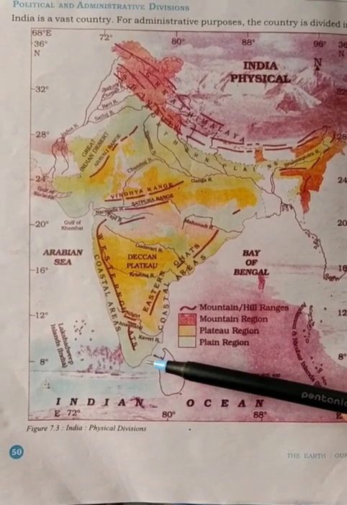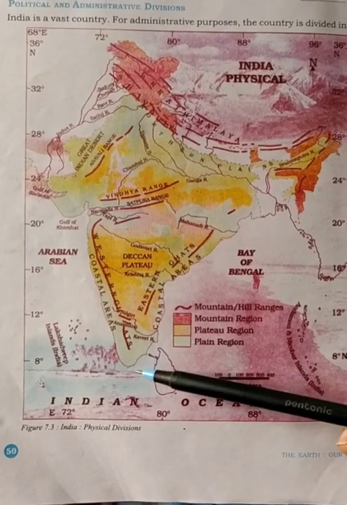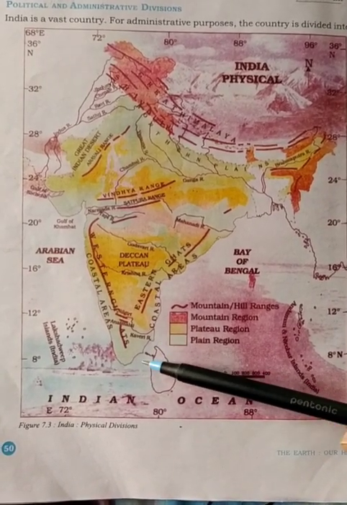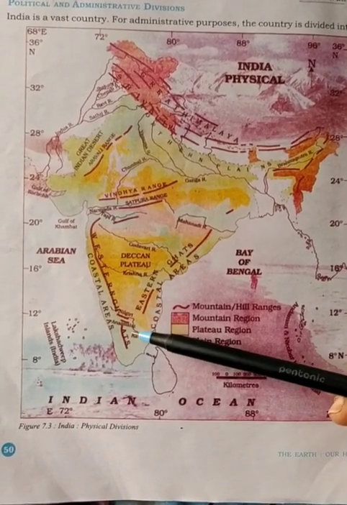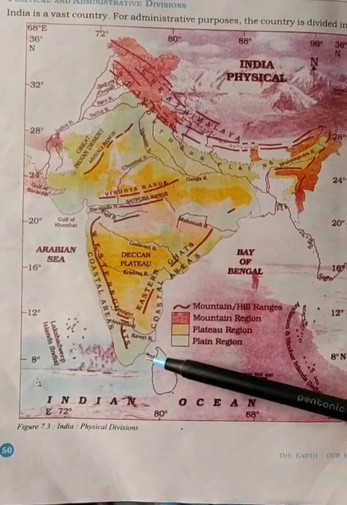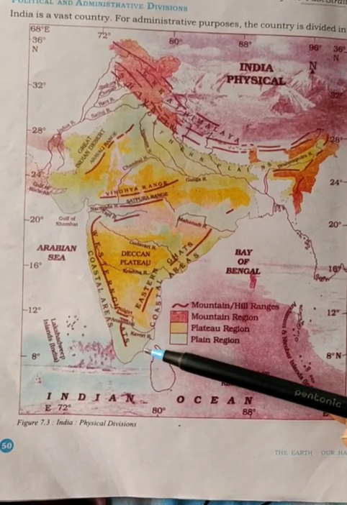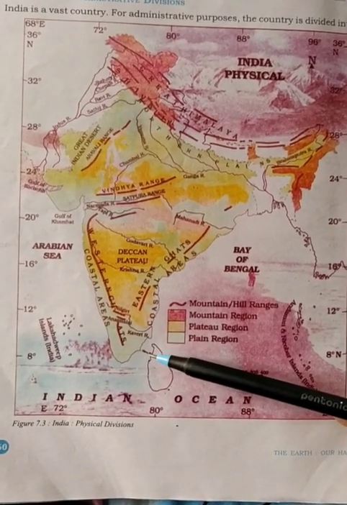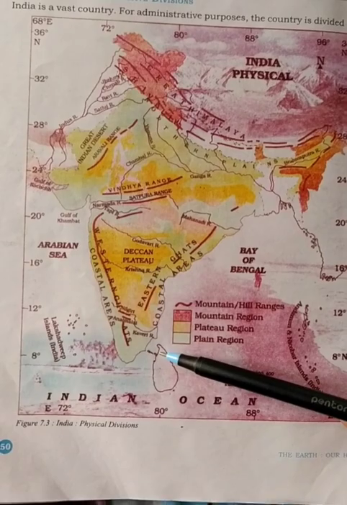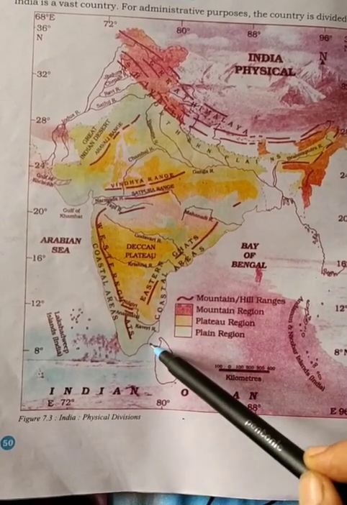The narrow passage of water connecting two land parts is a strait. Which strait? Palk Strait. This is known as Palk Strait.